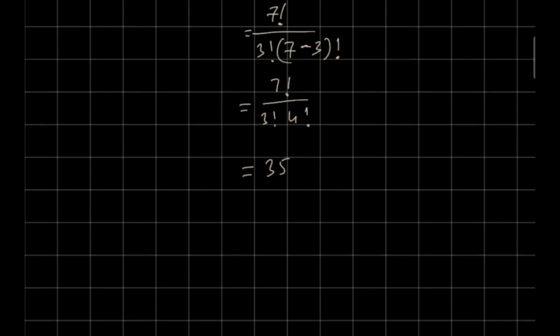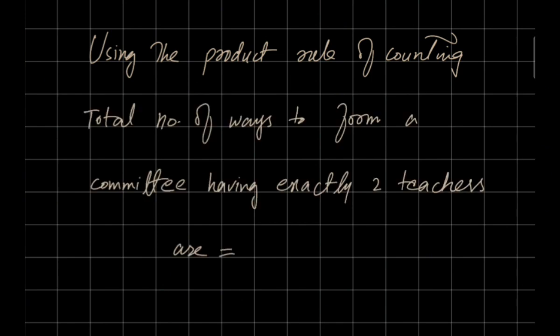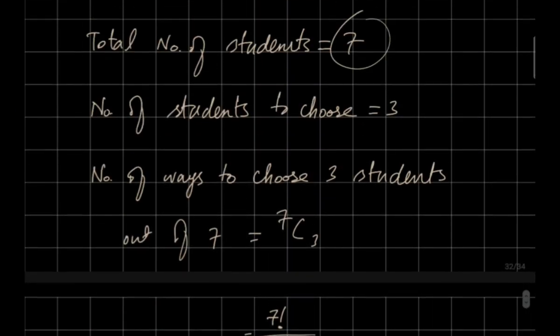Now we have completed the process of making a committee. Half the process is to pick teachers and the other half is to pick students. So we will use the product rule of counting. The total number of ways to form a committee having exactly 2 teachers is the product of the previous 2 results.